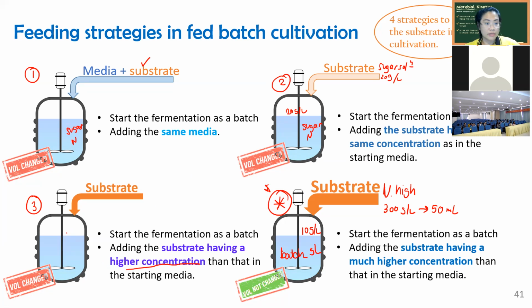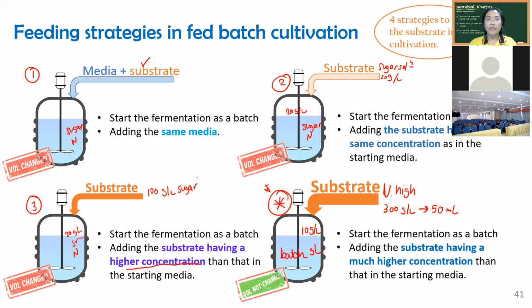So for example, you might start off with 20 grams per liter of sugar in your media, okay? And you probably add something like 100 grams per liter, which is only 5 times more concentrated, of the sugar solution into the fermenter.